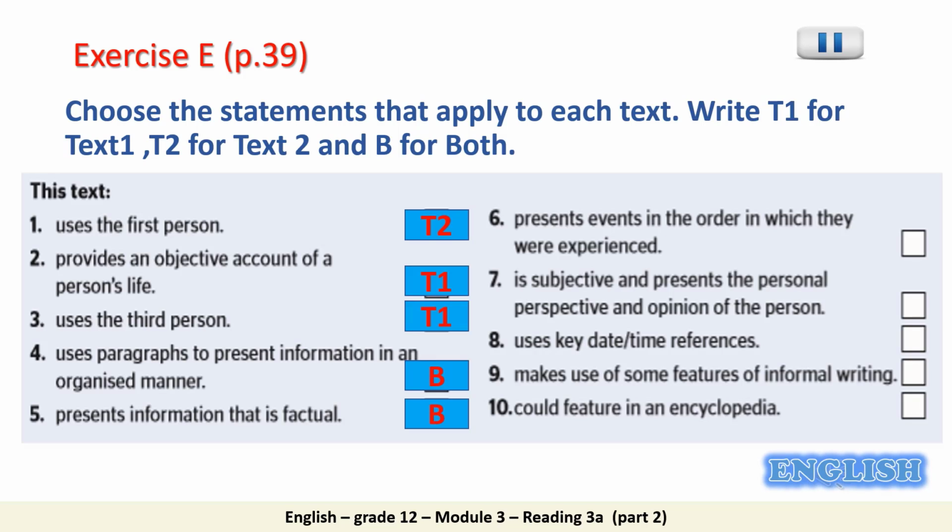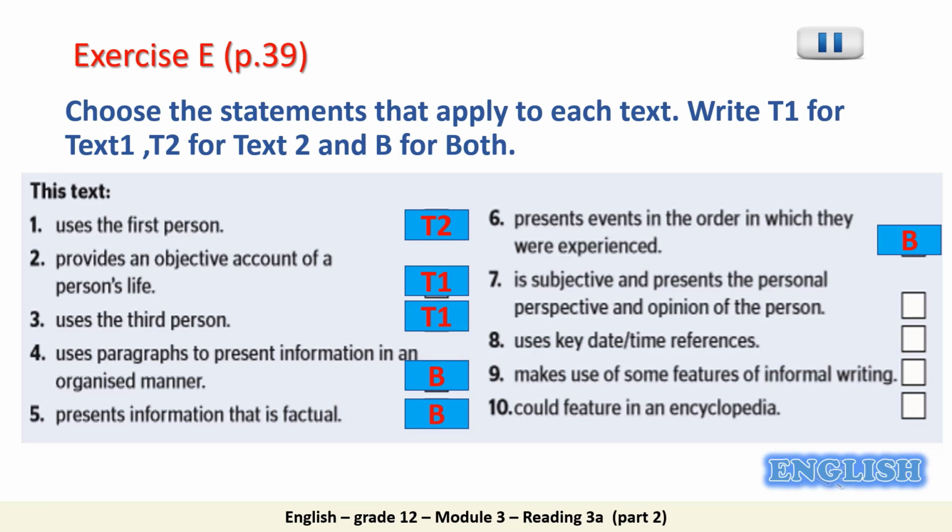For statement number 6, who can tell me if the events are in the order in which they were experienced or not? The answer is yes, the events are in order. So both texts present the events in the order in which they were experienced.